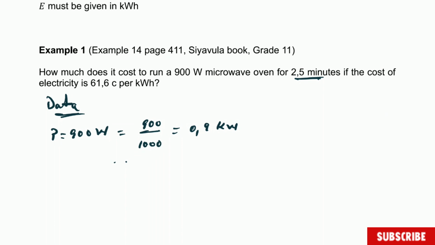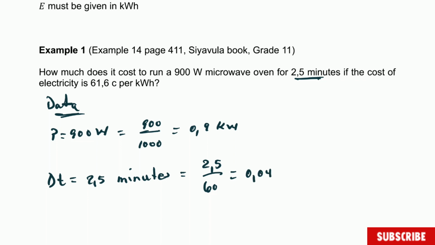Okay, and then for the time, we have 2.5 minutes, but we cannot work in minutes, so we have to convert to hours, and it is 2.5 divided by 60. When you do that, you will get 0.0417.